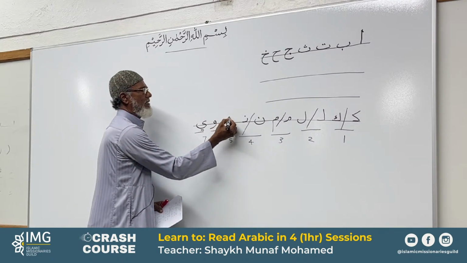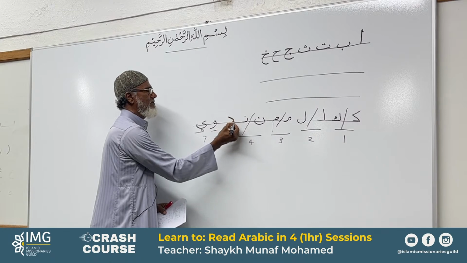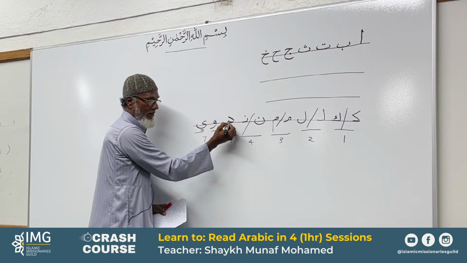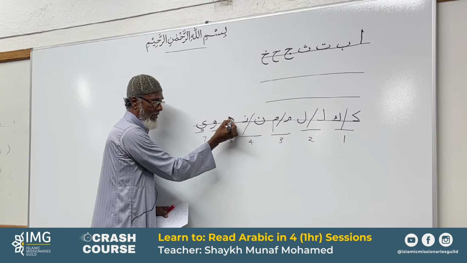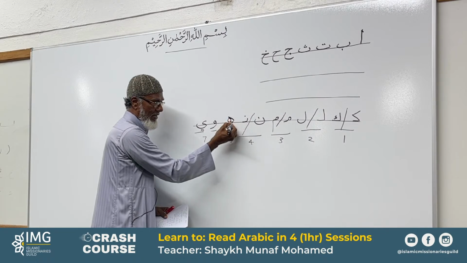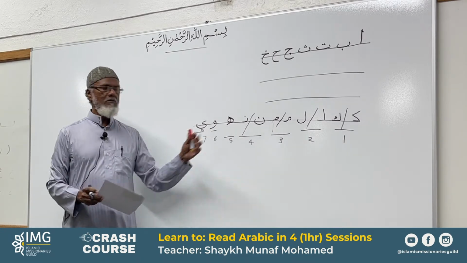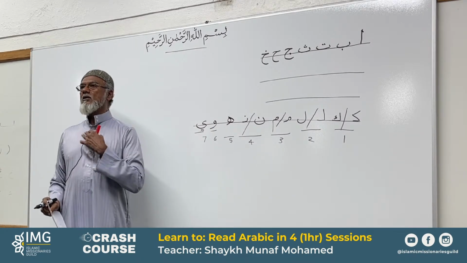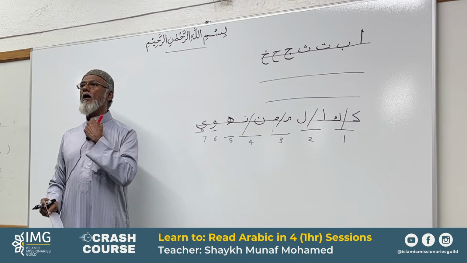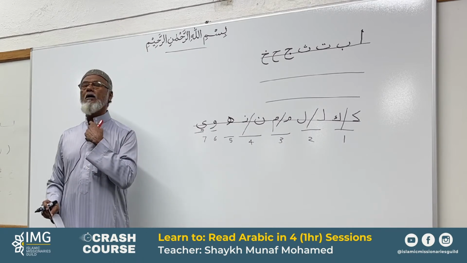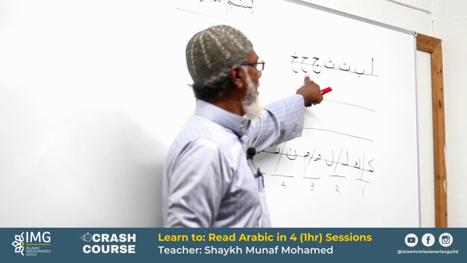And this is how it is written, like this. And then a loop inside and coming down half of it, cutting it in half and coming down like that. And that one is from the lower part of the throat. So it's from here. All right? And this one is ha.